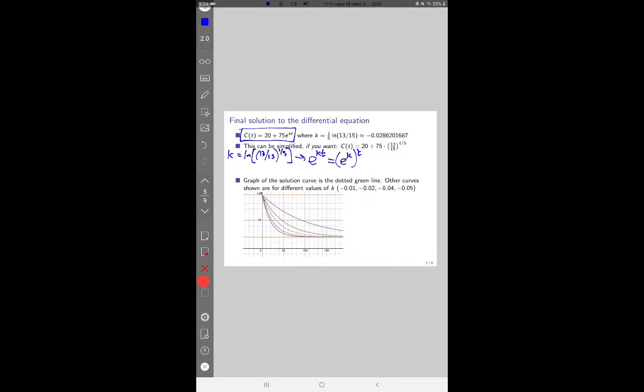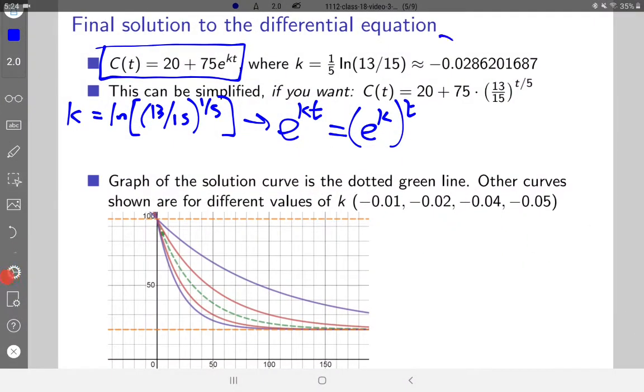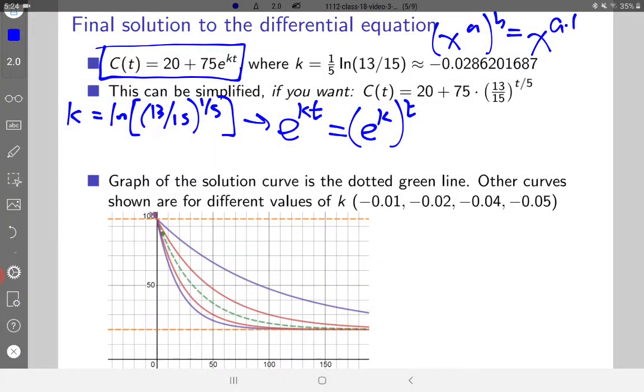There I'm using the fact that x to a power raised to another power means I can multiply those powers. That's what I'm using kind of in reverse here again. And why is that helpful? When I write e to the k, well, I'm going to plug in this for k right here. And isn't that k a natural log of something?